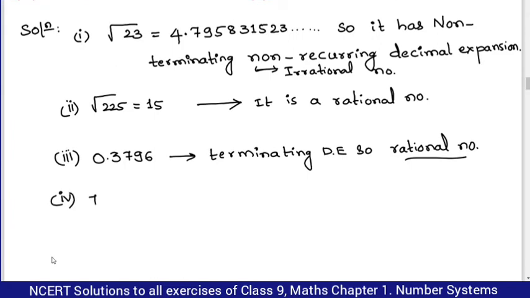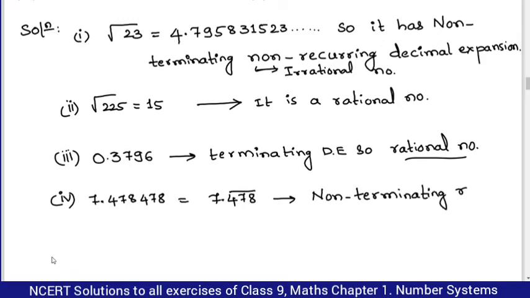Fourth one, 7.478478, or it can be written as 7.478 whole bar. It's a non-terminating recurring. If it is non-terminating recurring, then it is a rational number.